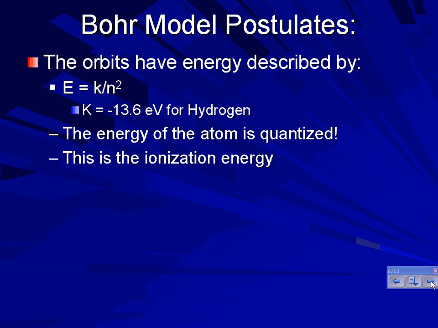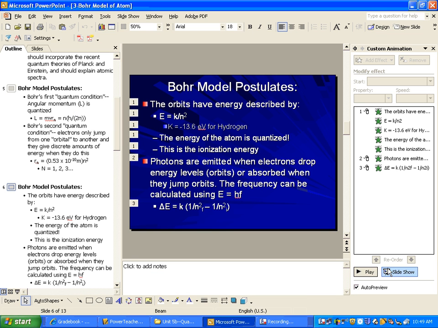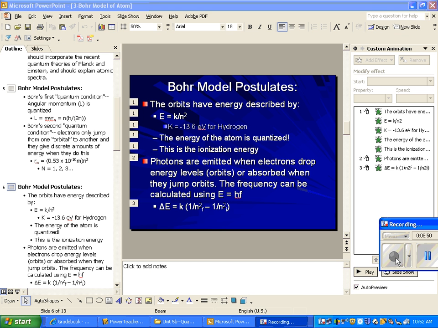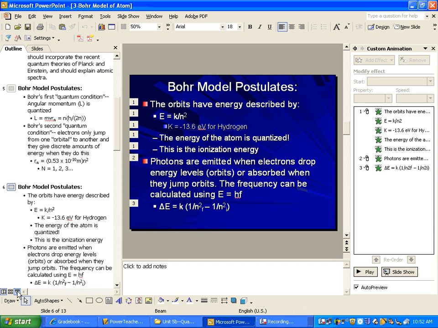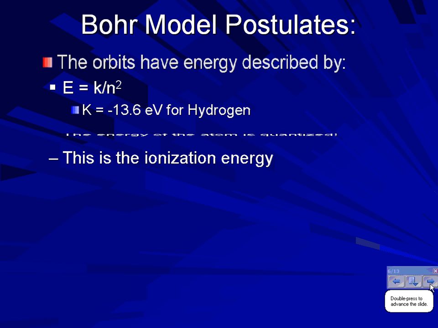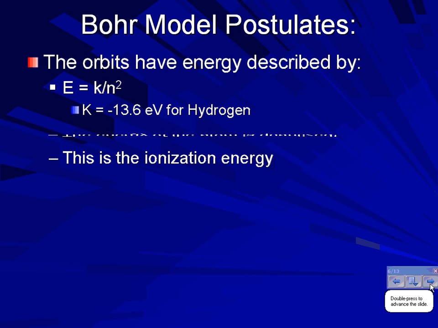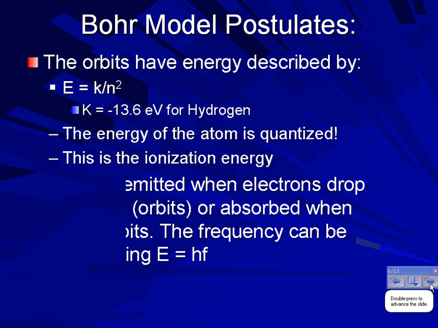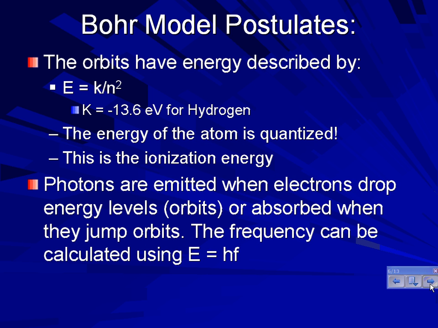So this idea of photons either being absorbed or emitted by atoms was now explained by Bohr. Basically, photons are given off when the electrons drop from one orbital to the next, or they're absorbed when they jump from a lower orbital to a higher orbital. The frequency of the photon can be calculated if we know the difference in energy between those orbitals.